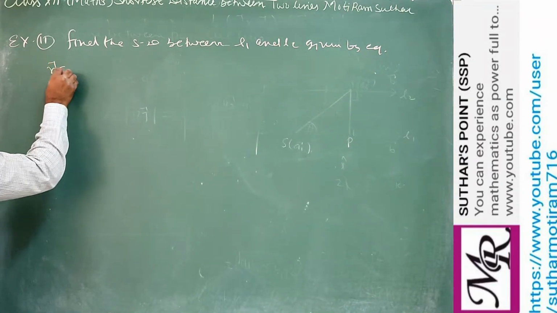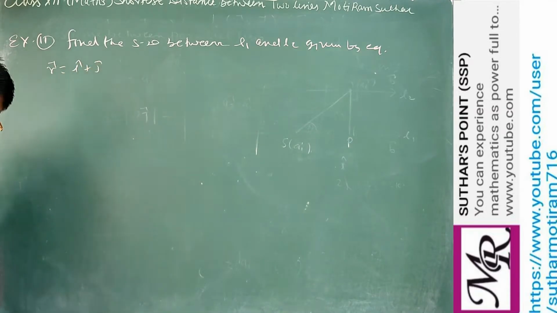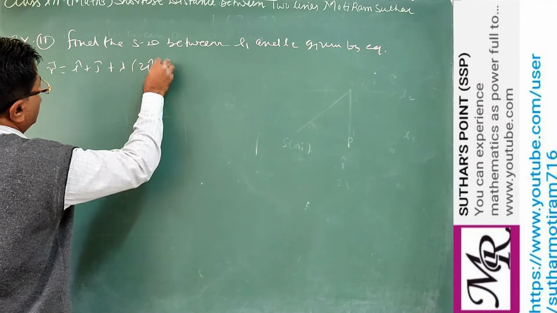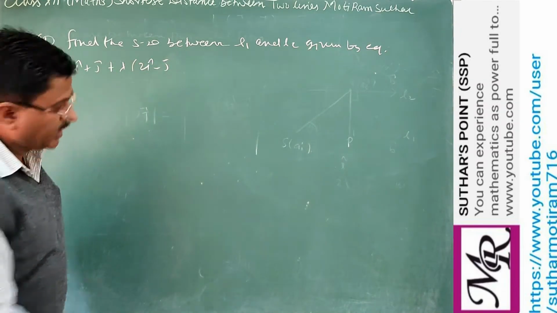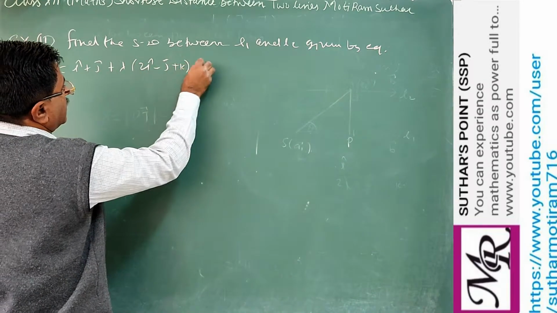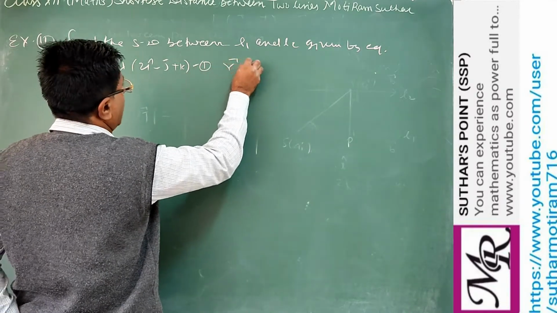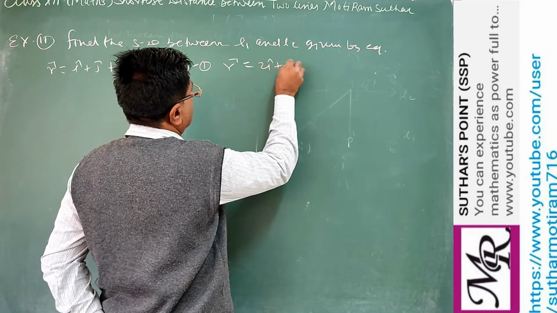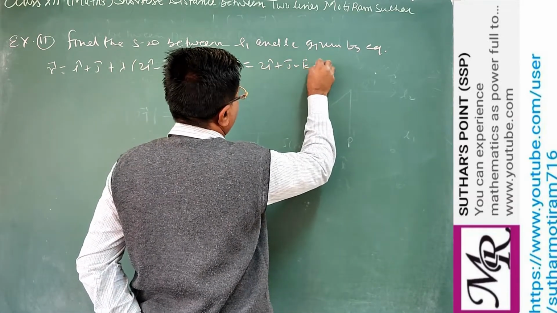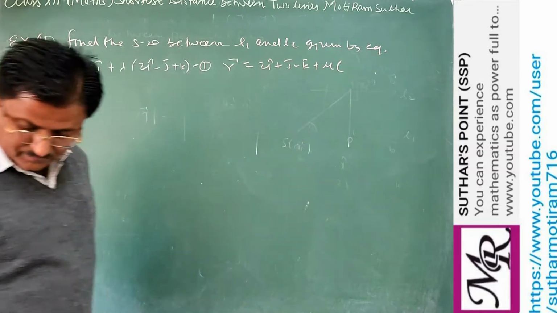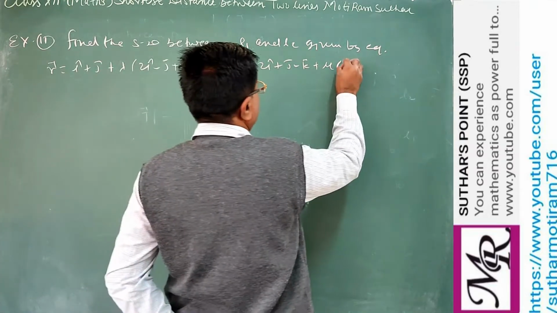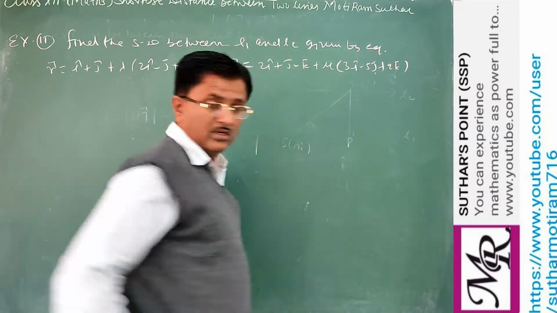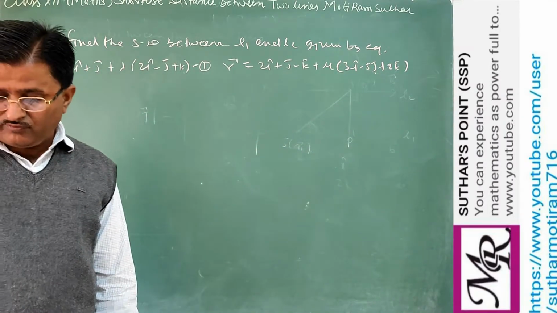The first is r equal to i plus j plus lambda into 2i minus j plus k. This is the first line, and the second is given as r vector equal to 2i plus j minus k plus mu into 3i minus 5j plus 2k. Clear? So that is what we have to find out.